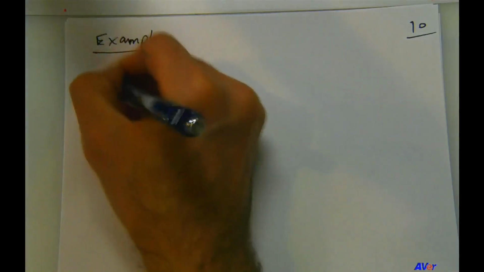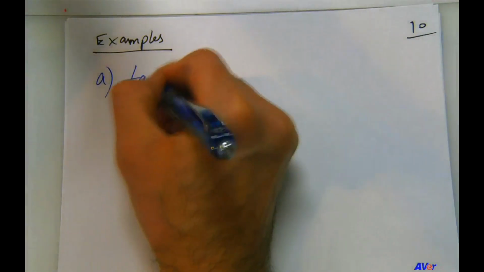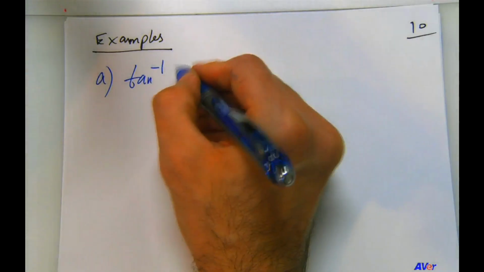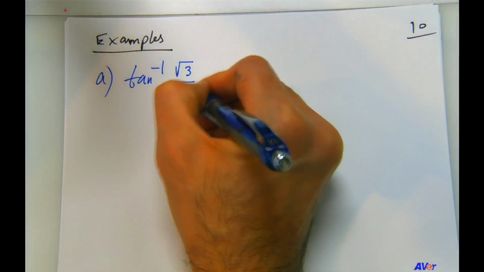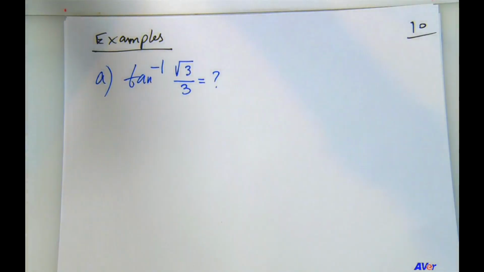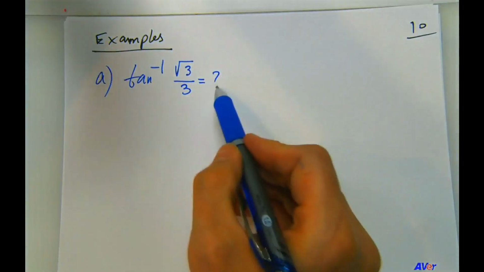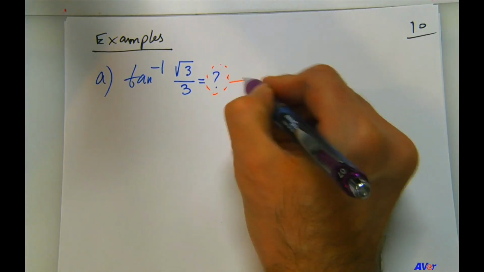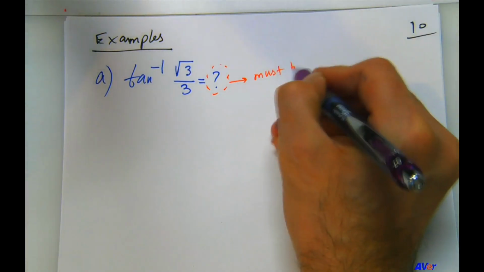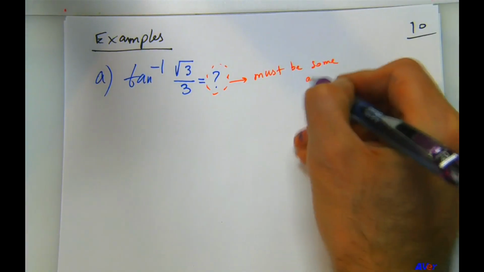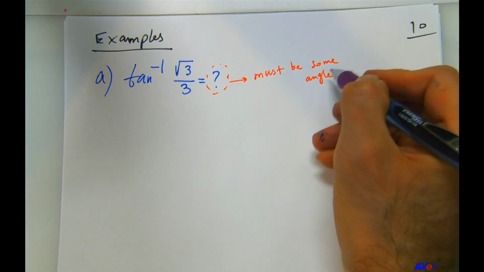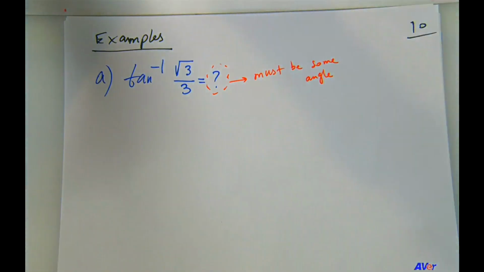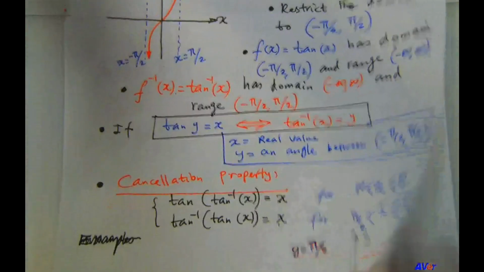Okay. So example part A, we want to find out the value of inverse tangent of square root of 3 over 3. Okay, so we know that this value is an angle. So it must be some angle between negative pi over 2 and pi over 2.